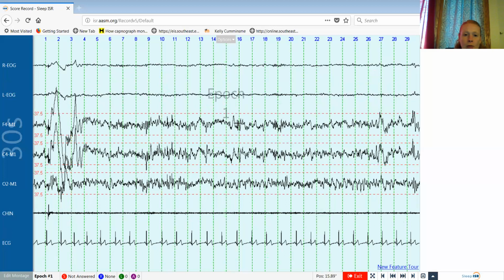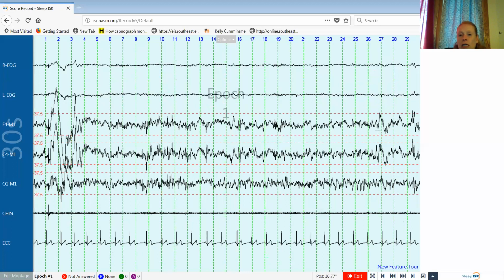Next thing, you have your measurement tool. So right here, it looks like this maybe is a spindle. If I want to measure it, I put my cursor right at the start of it, push down my left mouse key, and then drag, and it'll measure it. If you remember, a spindle has to be more than half a second. So that would be a spindle.